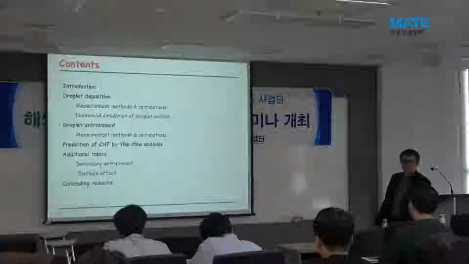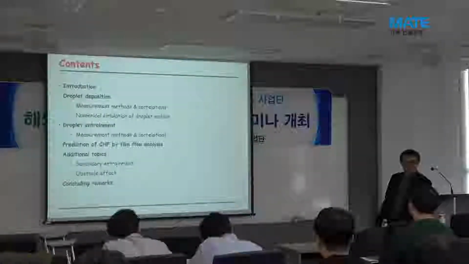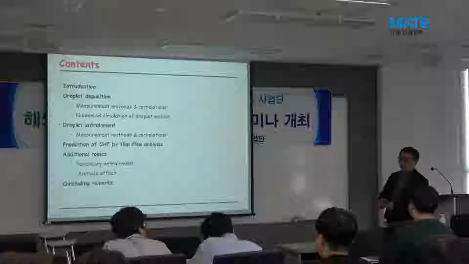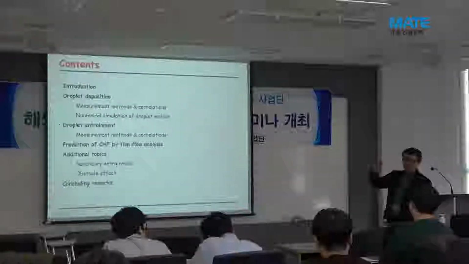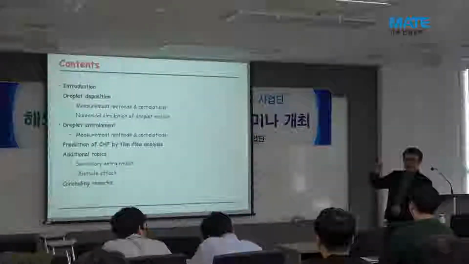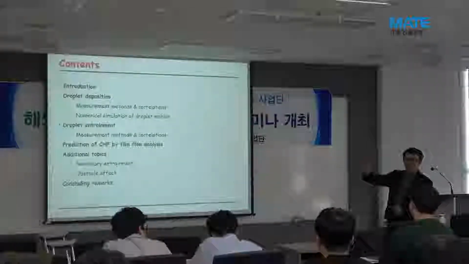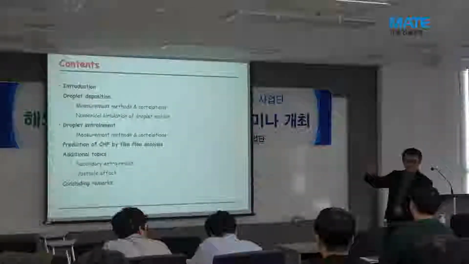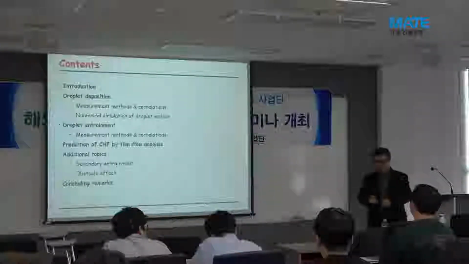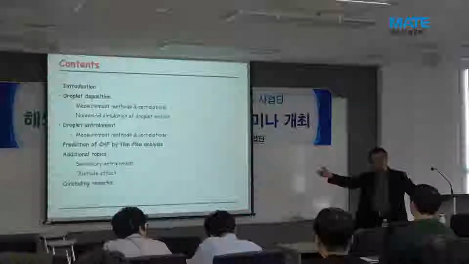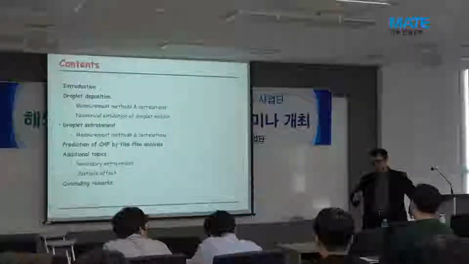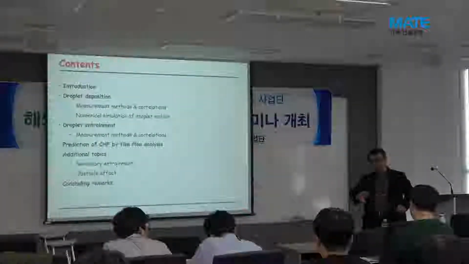numerical simulation of droplet entrainment is very difficult. If you imagine, at least in the case of air-water two-phase flow, liquid film is much less than 1 millimeter. But you know, the channel is at least 1 meter long, 0.1 millimeter, and 1 meter long.